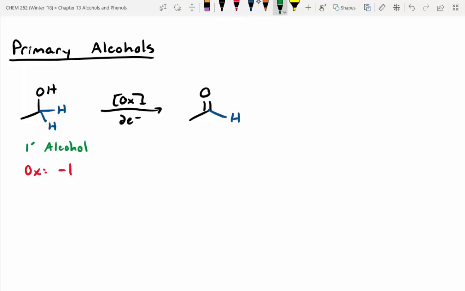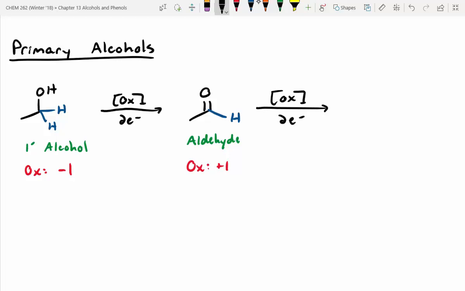Now we've got an aldehyde. And the oxidation state, if we're gaining 2 electrons, must be +1.